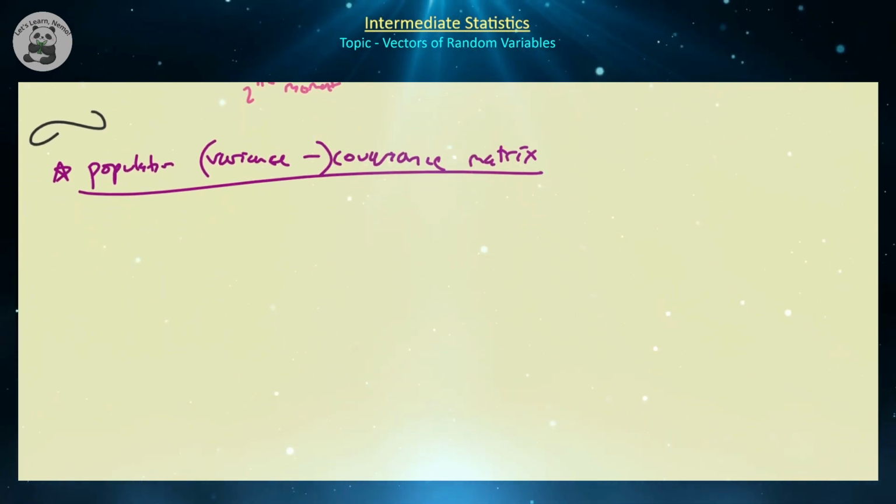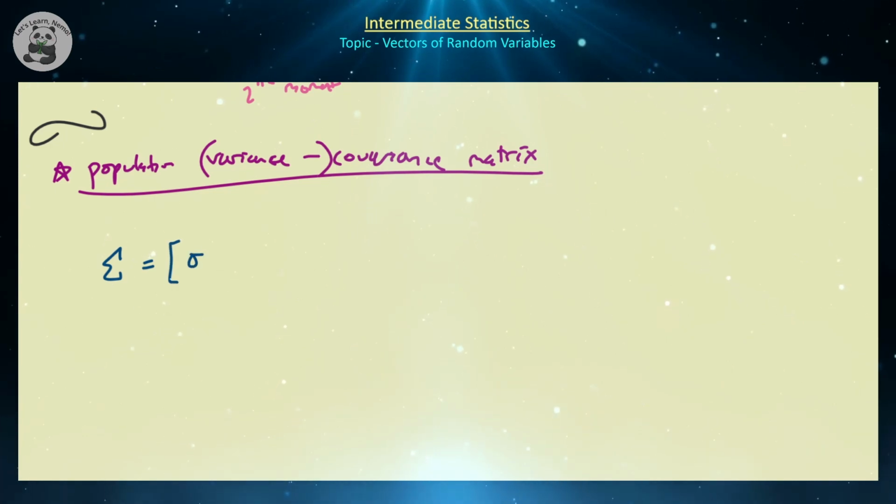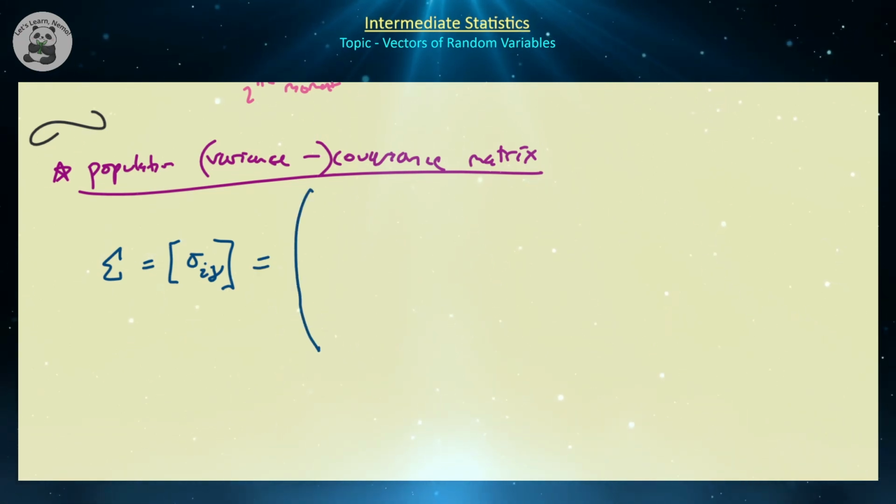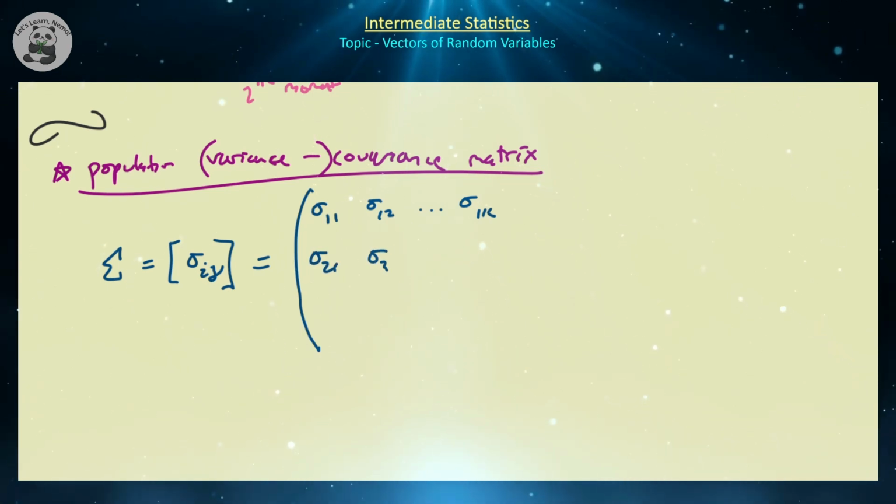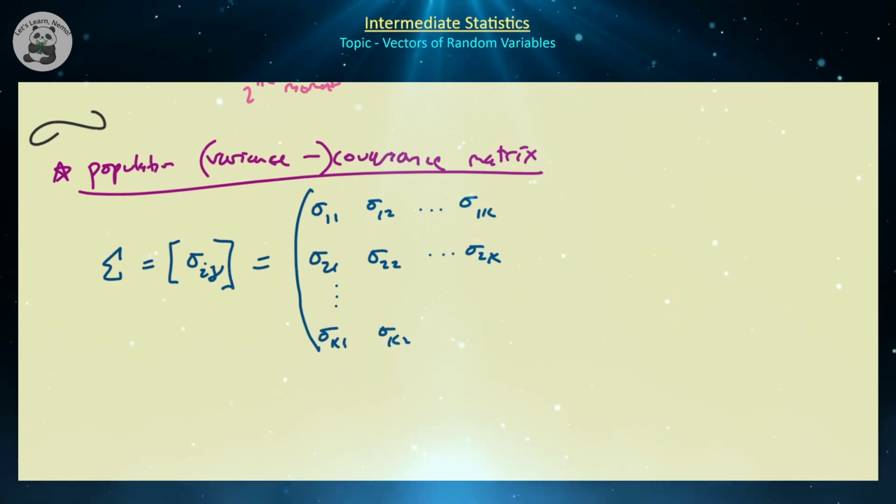So the variance covariance matrix is going to be represented by capital letter sigma, and this is going to be just a matrix of all of the covariances of xi and xj. So if we look at this matrix in expanded form, we're going to have, for example, sigma 1,1, sigma 1,2, all the way to sigma 1k, sigma 2,1, sigma 2,2, all the way to sigma 2k, and that's going to continue all the way down to sigma k1, sigma k2, all the way to sigma kk.